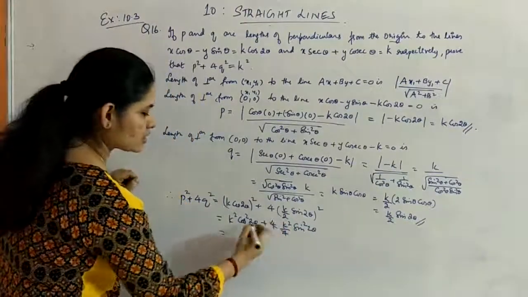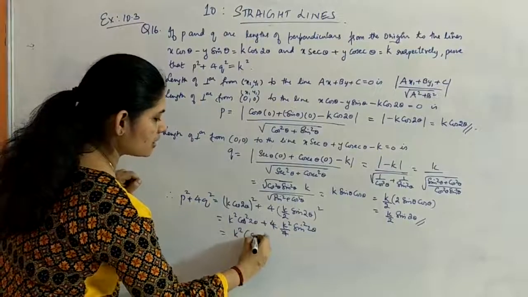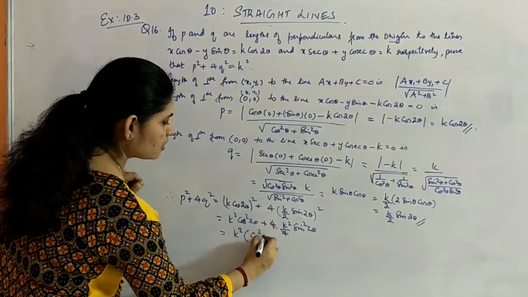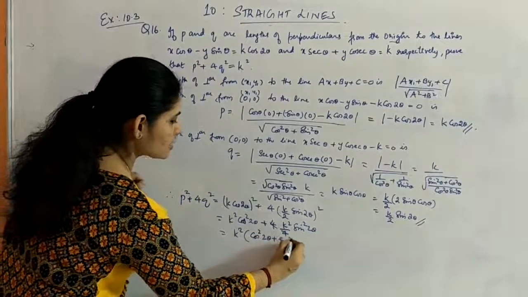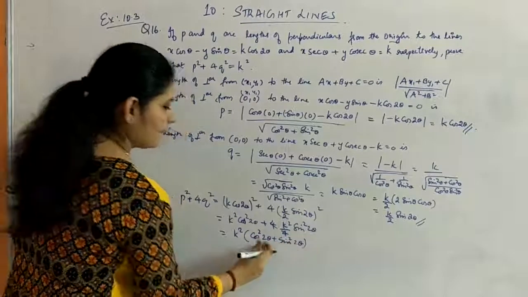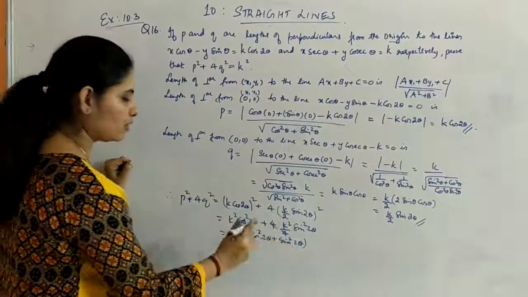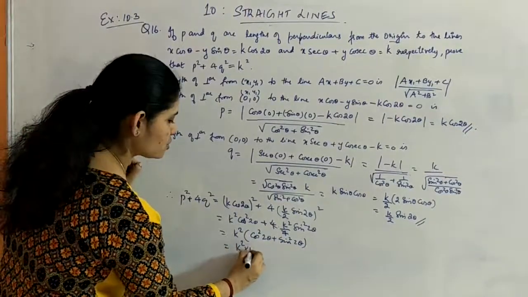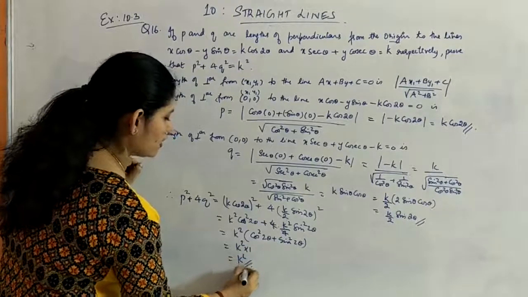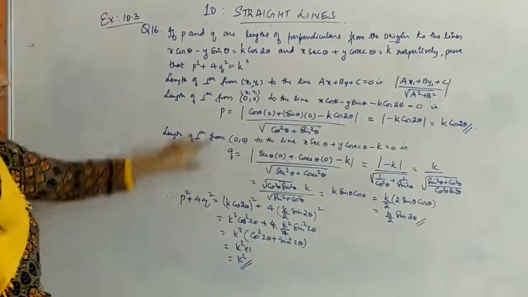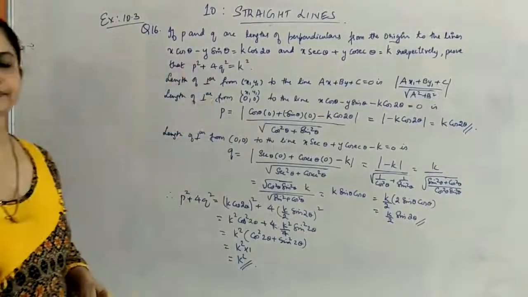Now you can see k square is common, take it out, remaining is cos square 2 theta plus sin square 2 theta. Again with the same angle 2 theta, cos square plus sin square will give you 1. Therefore, this is k square into 1, or k square. So you got P square plus 4Q square is equal to k square.